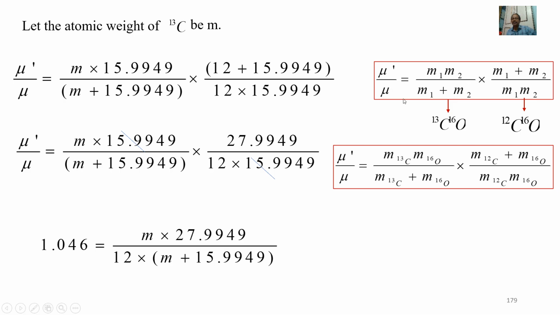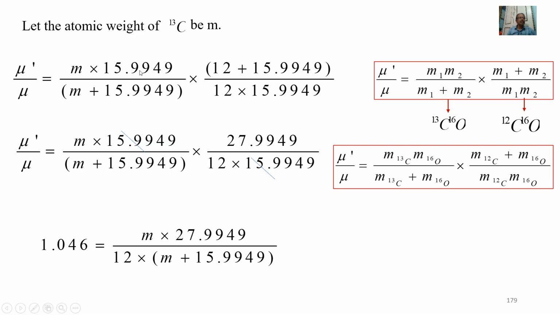So we can write m1 m2 divided by m1 plus m2, and this reduced mass is for the isotope and this reduced mass is for the original atom. So mu dash by mu equals, as I said, this is for the isotope, so M13C and MO16 divided by M13C plus MO16, multiplied by the one for the original atom.